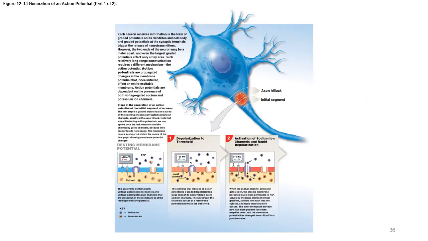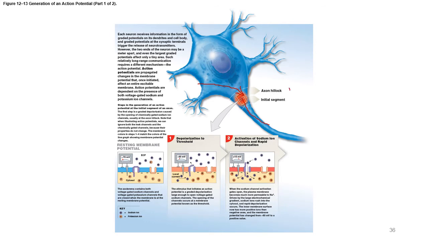Okay, so this image is just reviewing the same thing. This is in your book, and it's going to go through how each neuron receives information. When that information is strong enough and it depolarizes this spot right here to -60, -55, it initiates the action potential.